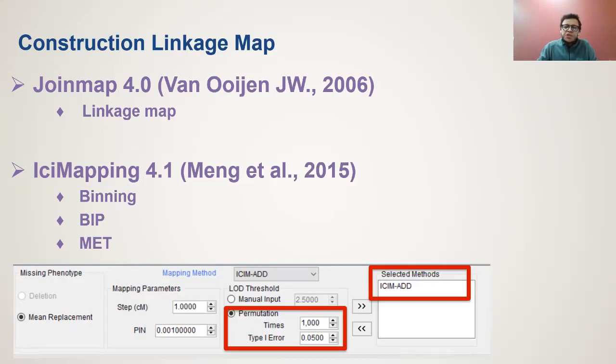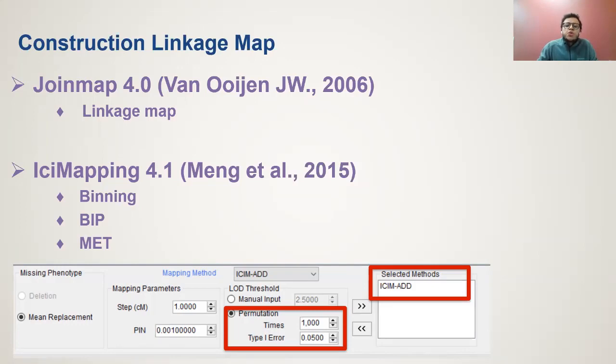The other function is BIP, which gives us the QTL additive effect, and the other one is MET, the multi-environment analysis, which analyzes across environments and gives us the additive by environment, and also the epistasis by environment.